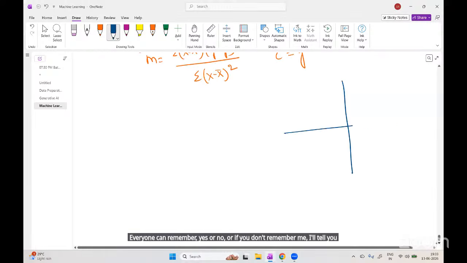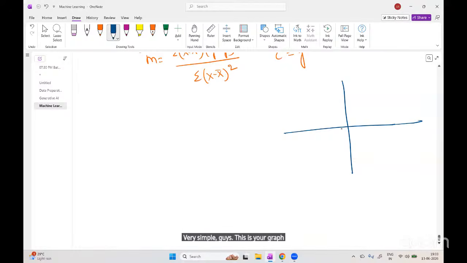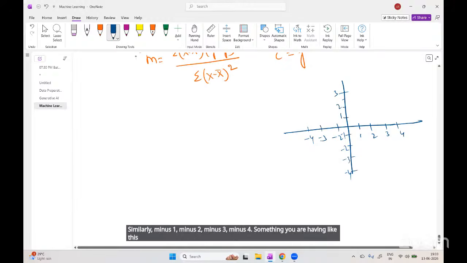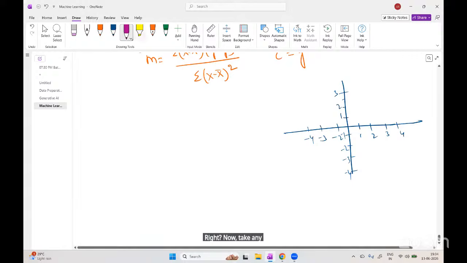Very simple, guys. This is your graph sheet. 1, 2, 3, 4, 5, and minus 1, minus 2, minus 3, minus 4, and similarly plus 1, 2, 3, 4 on the other axis. Something like this. Now take any one straight line, anything of your choice, but it should be straight.